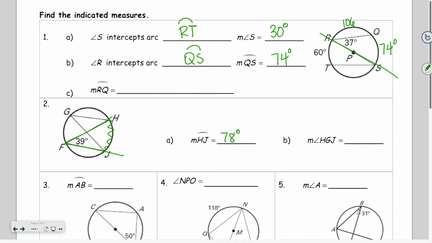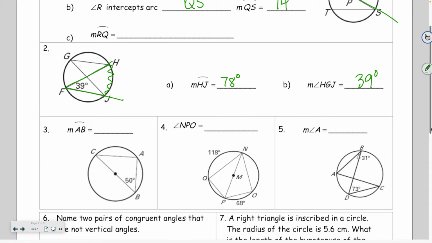And then what is the measure of angle HGJ? 39. Because they intercept the same arc. All right, I want you to take a minute and try 3, 4, and 5. See what you can do with 3, 4, and 5.